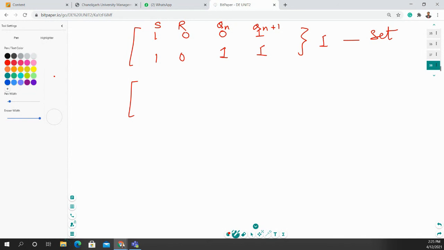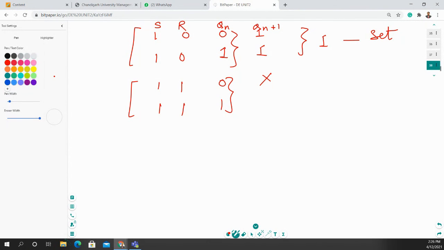Next, we take the input as 1 1, and we use Qn plus 1 as the invalid state. When we use 1 1, there are two possible combinations for Qn. Either it should be 0 or it should be 1. The same thing is happening right here.